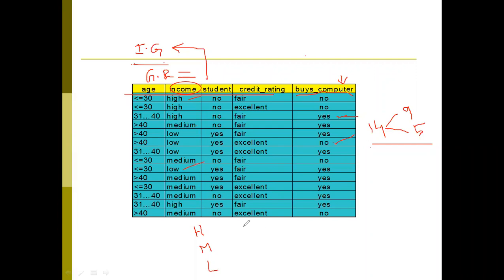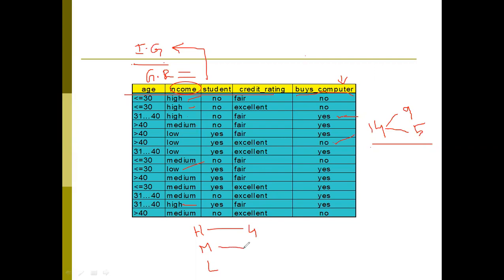Now, how many high objects are there under this particular income attribute? Okay, calculate how many highs are there. 1, 2, 3, 4. Total 4 high data objects are there.